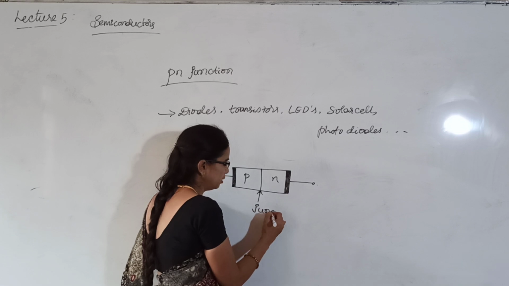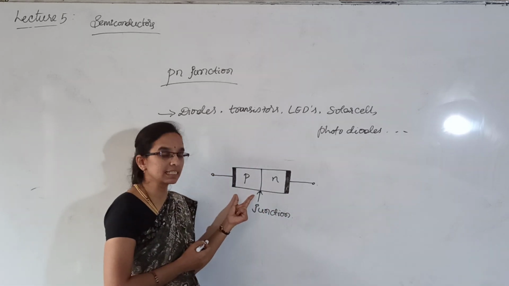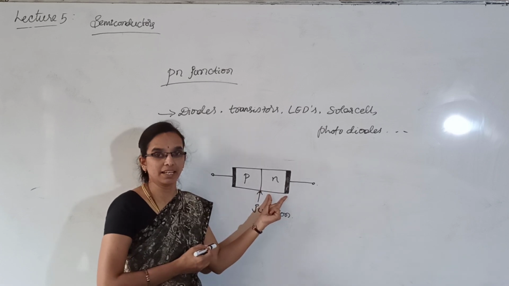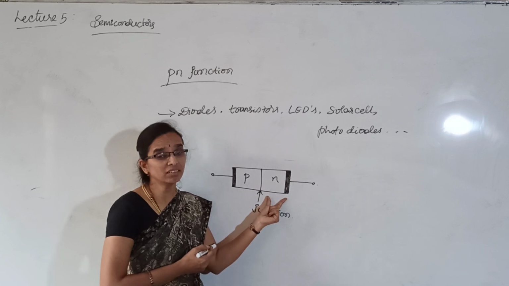That means in a PN junction, you can expect p-type material on this side and n-type material on this side. That means p-type semiconductor on one side and n-type semiconductor on the other side.